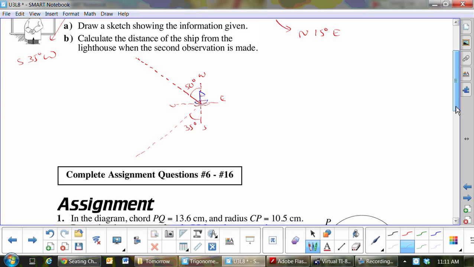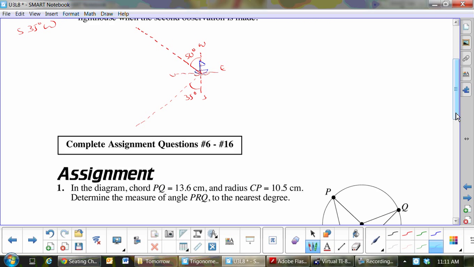And then this is position 1. And then now you're over here at position 2. You sailed 36 kilometers.